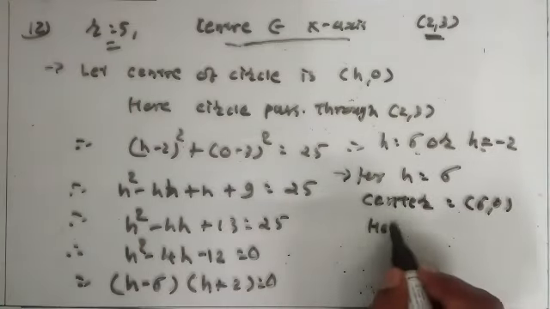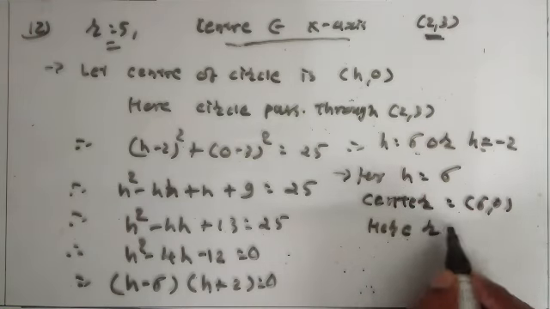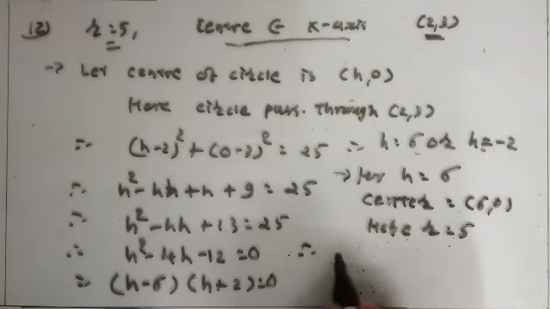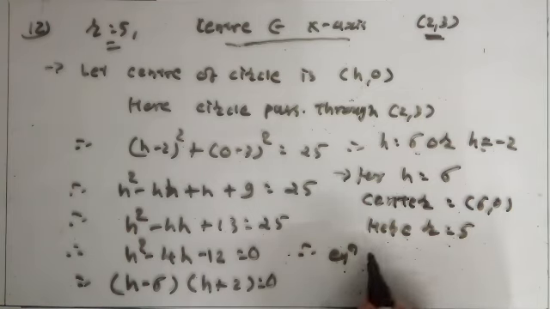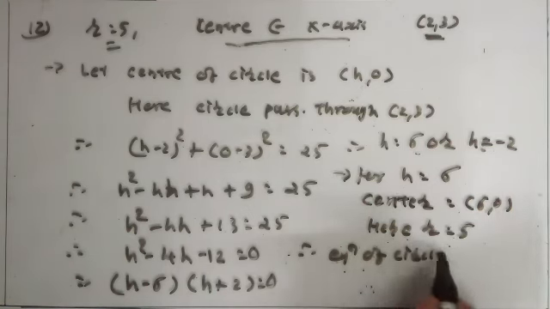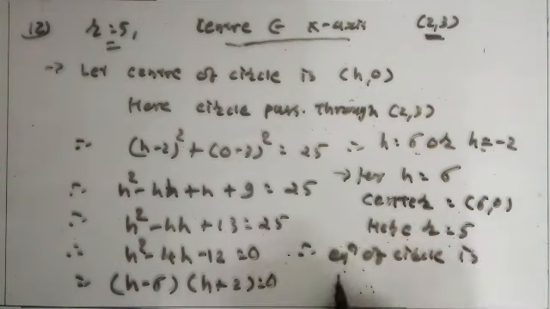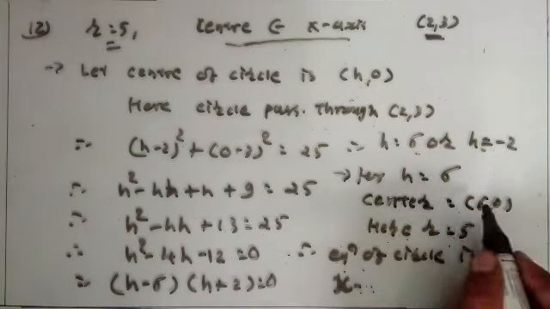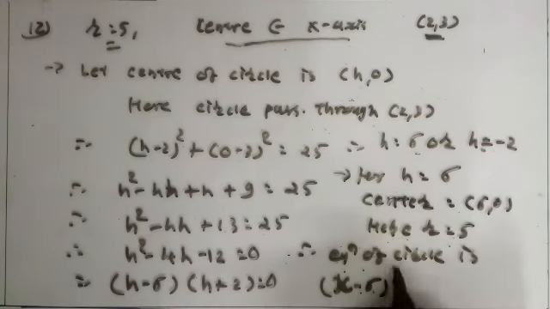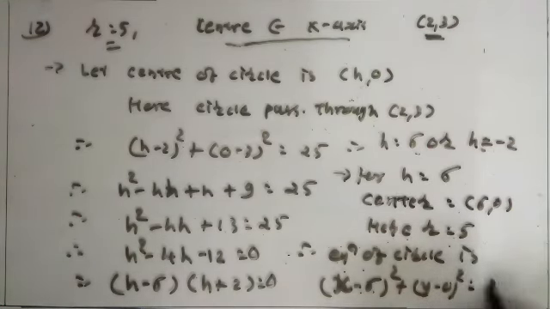Here r is equal to 5. Therefore the equation of the circle is (x minus h) raised to 2 plus (y minus k) raised to 2, with k equal to 0, is equal to r square, that is 25.